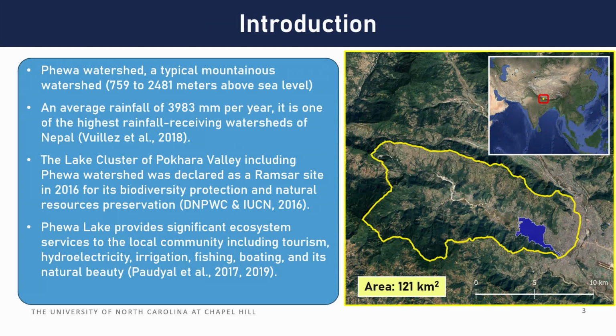The Phewa Lake, which is included in the watershed, is important locally as well as internationally. The lake provides significant ecosystem services such as tourism and recreation, hydroelectricity, irrigation, and fisheries, whereas the lake or the watershed has also been declared as a Ramsar site, which is a wetland site for its biodiversity protection and agricultural resources preservation.